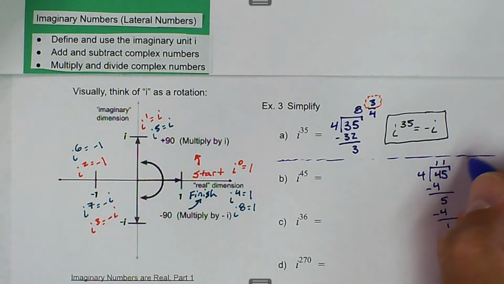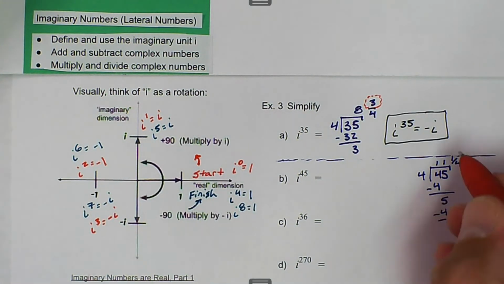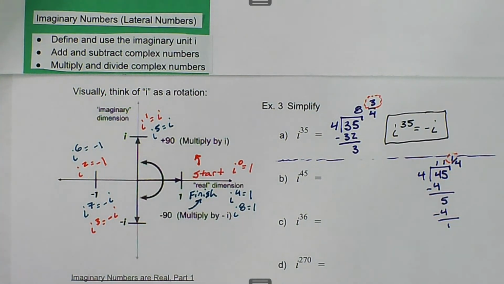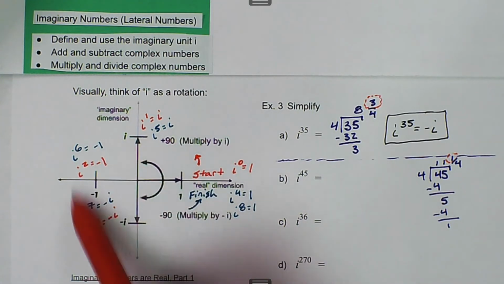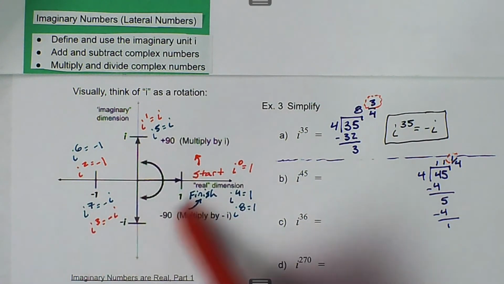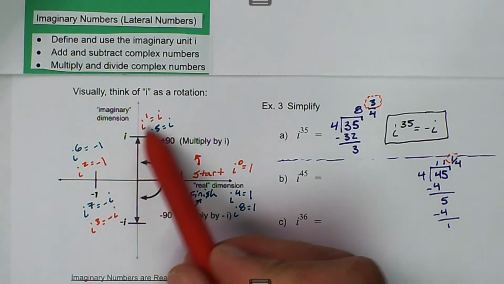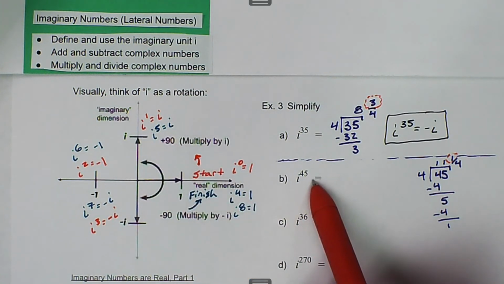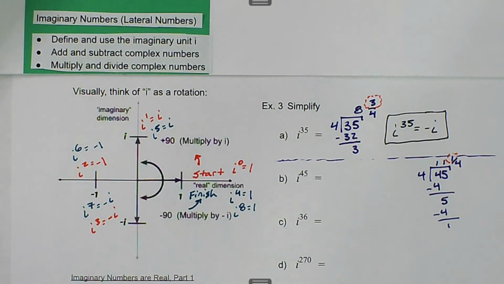We don't have anything else to bring down, so we can write it as a fraction, 1/4. And again, the numerator of the remainder is the important part. So we go around 11 times, 1, 2, 3, 4, 5, 6, 7, 8, 9, 10, 11, and 1 more. So i to the 45th is equal to i.